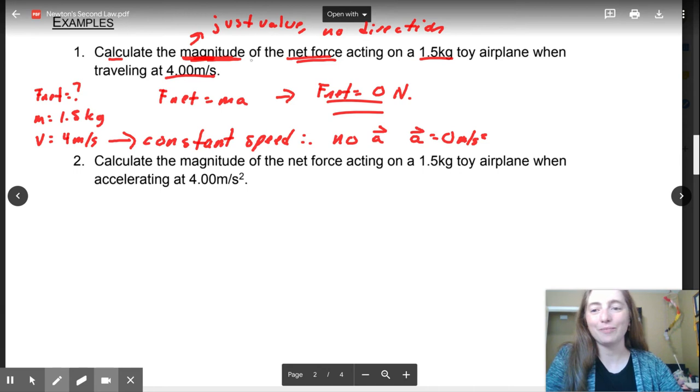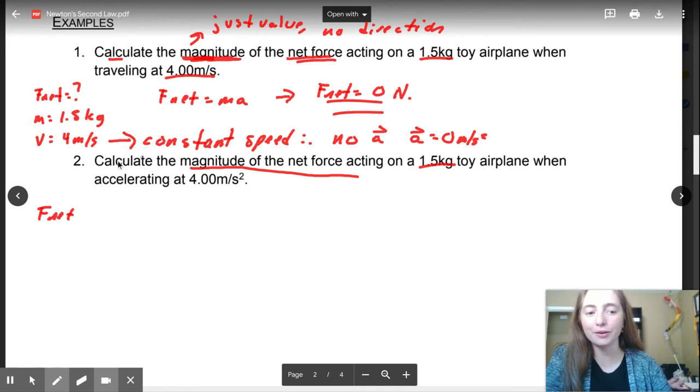All right. Okay. So let's redo the same question here, except we have calculate the magnitude of the net force. So we're still having to calculate our F net here. Okay. So F net is our question mark on a 1.5 kilogram toy airplane. And when it is accelerating at 4 meters per second squared.